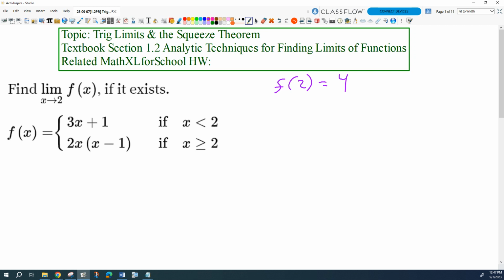If the two separate one-sided limits don't agree, the two-sided limit is not defined, right? It doesn't exist. So we would have to check that. Now, to check the one-sided limits, how am I going to do that? Like, for example, how am I going to evaluate the limit of our function as x approaches 2 from the left?